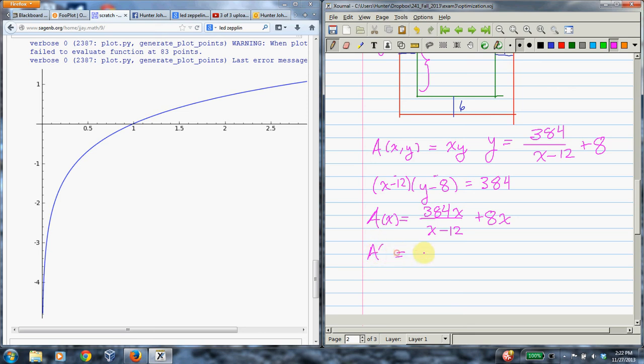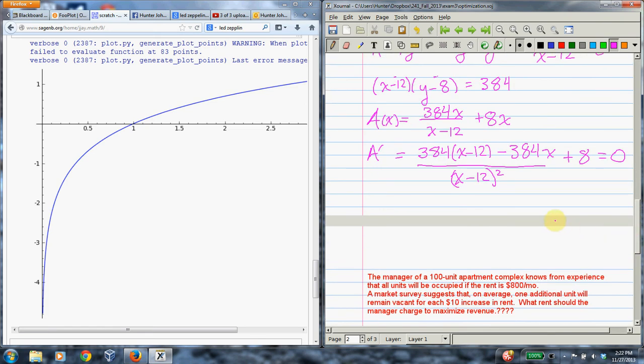A prime is equal to quotient rule time. 384 times x minus 12 minus 384x times 1, divided by x minus 12 squared, plus 8 equals 0. Okay, so that's what I have to solve.